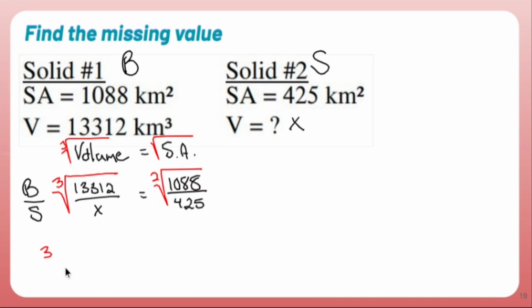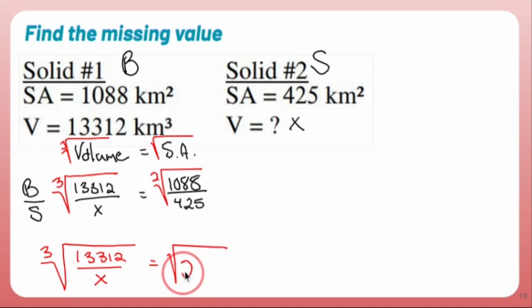So the left side doesn't change. I have a big cube root of 13,312 over X, too much line. Okay. 1088 divided by 425 is 2.56.